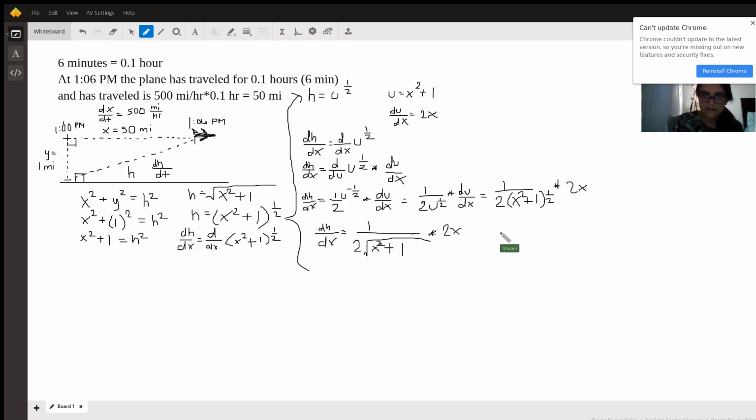So we could cancel out 2 and 2. So the final answer for dh over dx would be x divided by the square root of x squared plus 1.